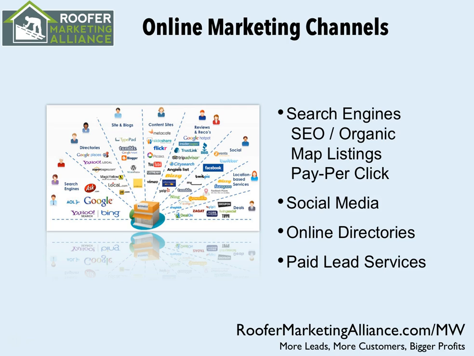Bing still has an advertising platform that's worth considering. Social media: what social media channels are going to make the most sense for you. The importance of online directories, and this is probably something that I find most people really underestimate, just how critical these online directories are. And then there are some paid lead services, so we'll go through those things.